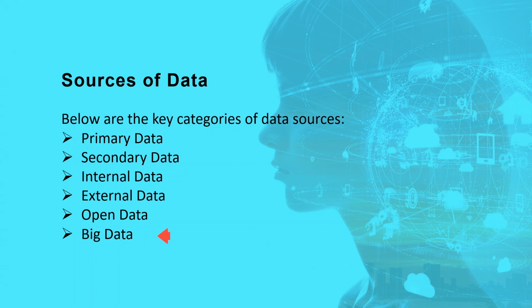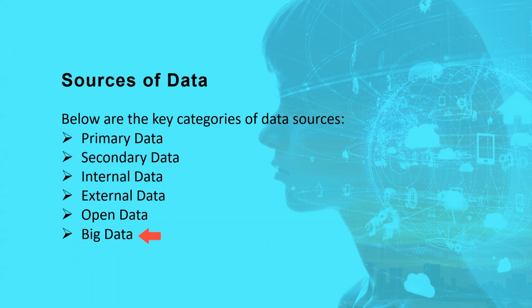From weblogs or web activity, data may be collected such as clicks, visits and user behavior across different websites. Through sensors, big data may be generated from physical sensors that monitor environmental conditions, machinery performance or health metrics. And these are the sources of big data.